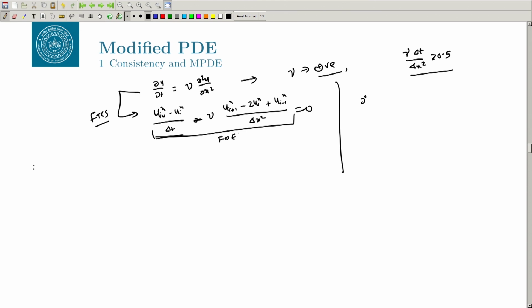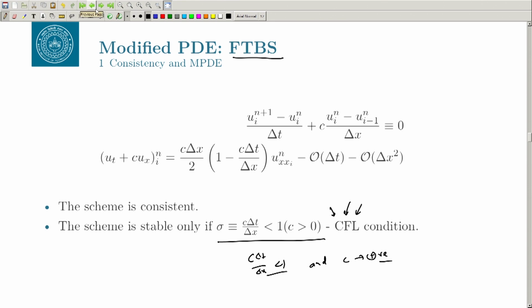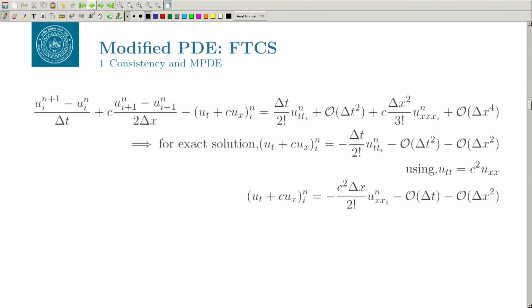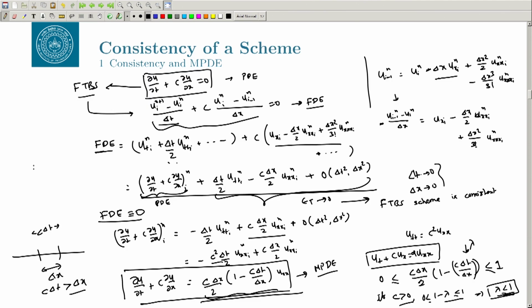So then we can write this as u_t at i, n plus delta t by 2 u_tt at i, n plus higher order terms. I have just derived that. Let me check: plus delta t by 2, not minus delta t by 2.